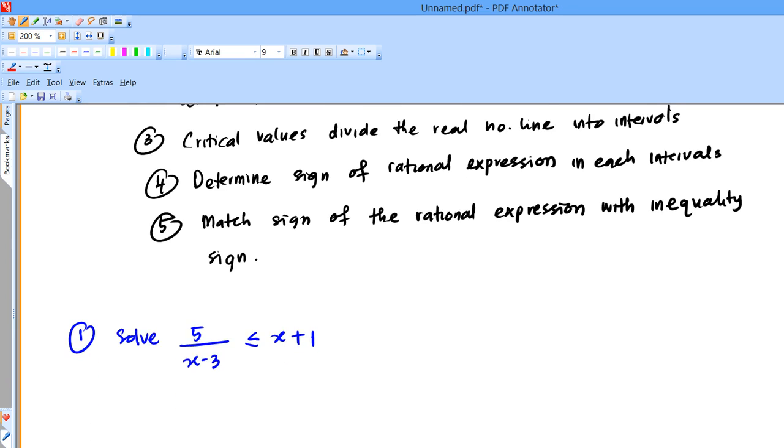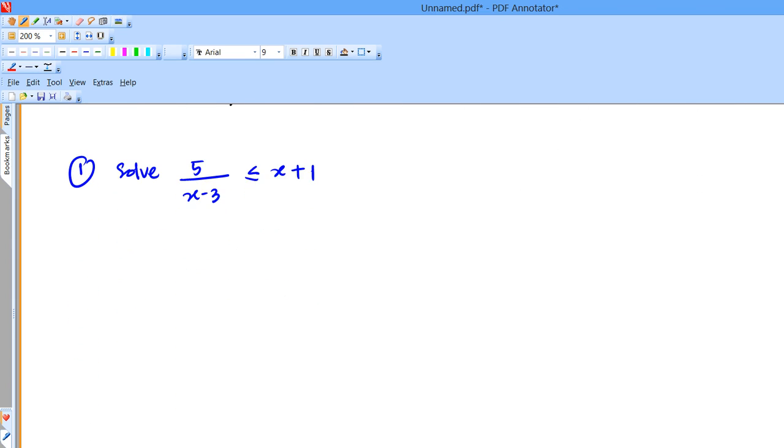So next, we move to the first example. We have to solve 5 over x minus 3 less than or equal to x plus 1. For this problem, we cannot multiply by x minus 3 because x minus 3 is not a constant.